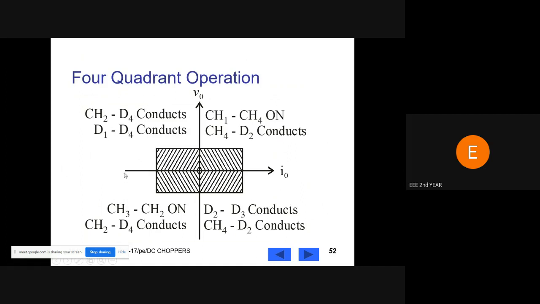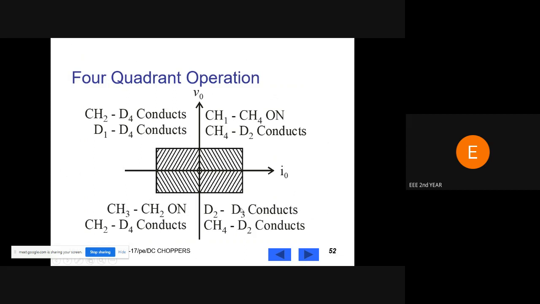In the third quadrant, CH3 and CH2 are on. CH3 operates here. When CH2 is on, it produces the output voltage. If CH2 is in the off condition, D4, the diode, starts to conduct here.